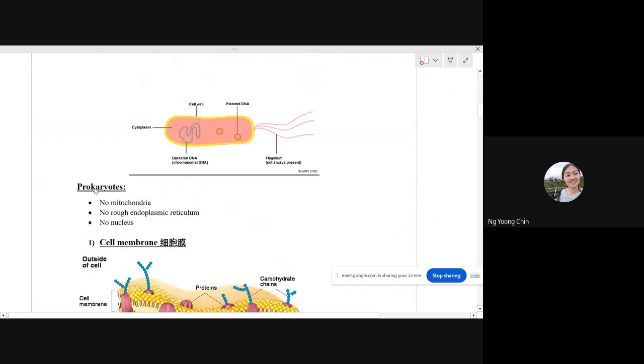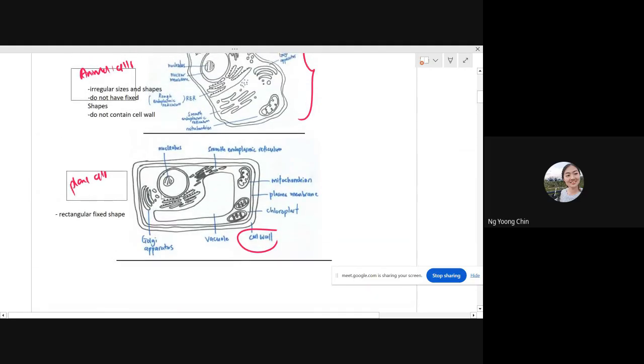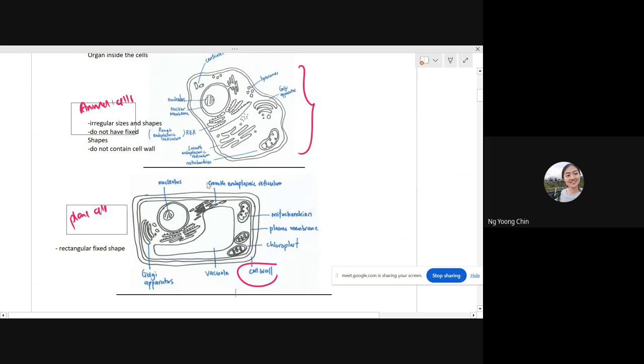And then, this is a prokaryote. So remember that animal cell and plant cell are both eukaryotic cells. Just that animal cells don't have the cell wall, they only have the cell membrane, but the plant cell has the cell wall. They belong to the eukaryotic cell because both animal cell and plant cell have a nucleus.